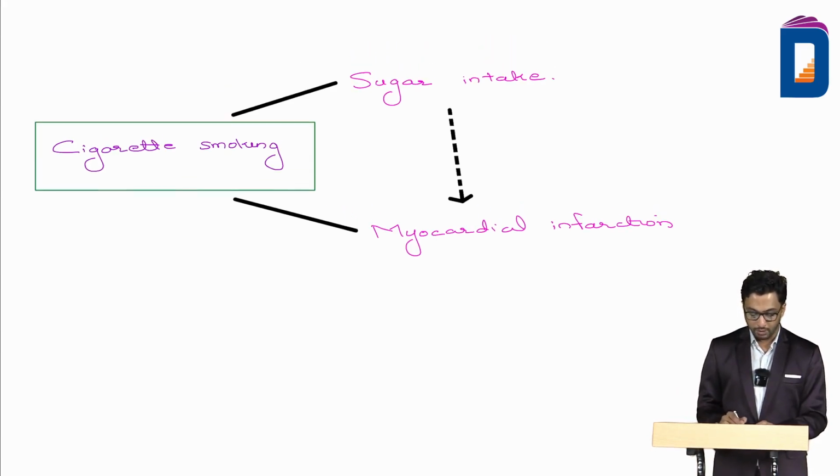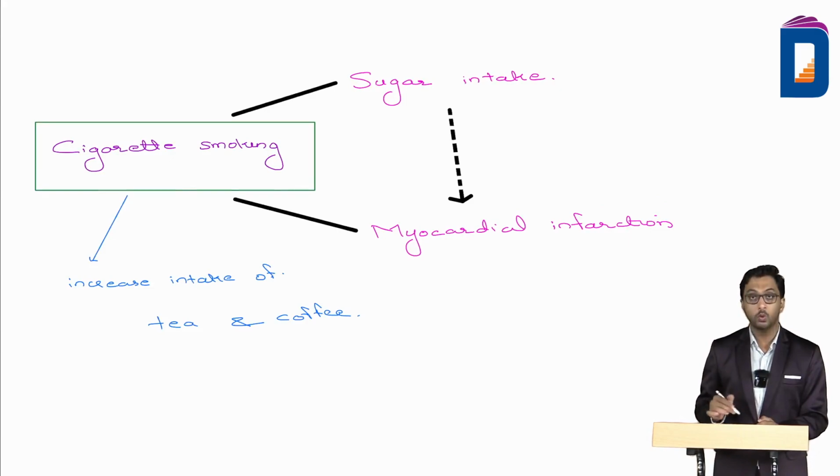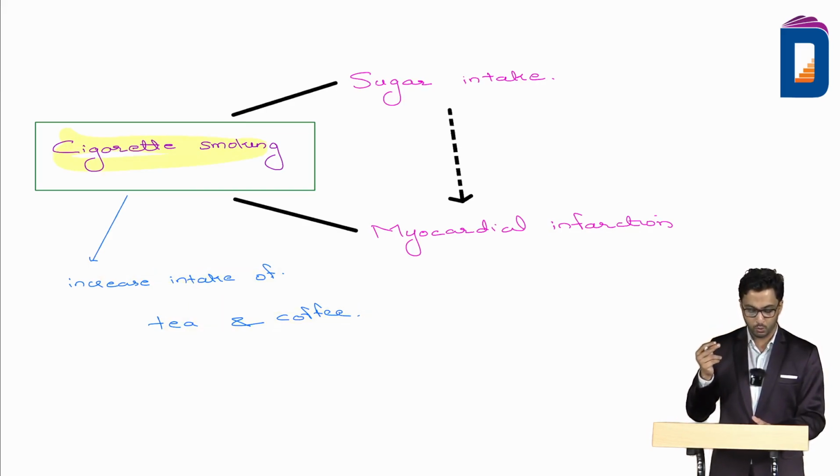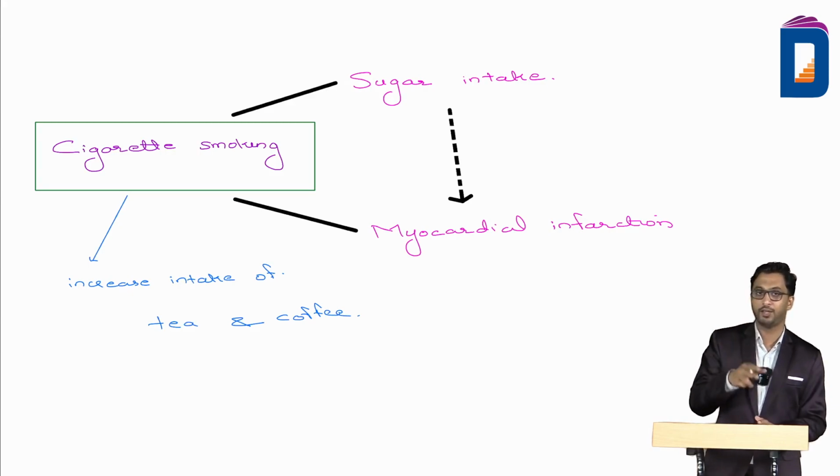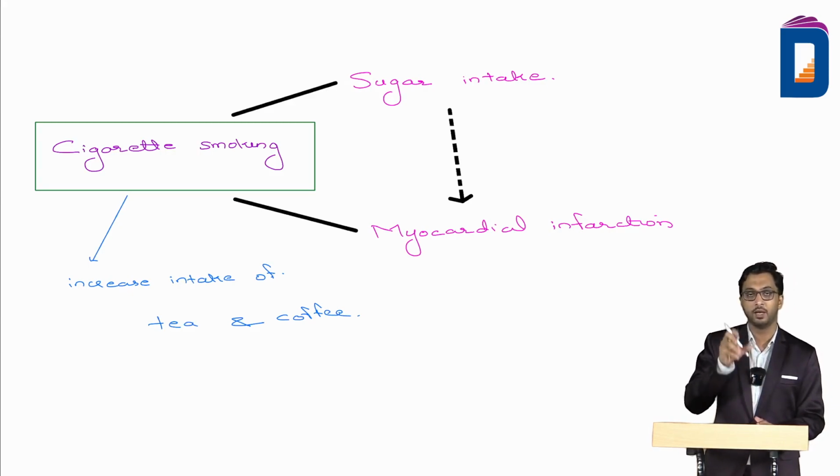The people who smoke cigarettes, you will see that they have increased intake of tea and coffee. Or I would say the people who are more cigarette smokers, that's a better way to explain it. The people who are cigarette smokers usually have cups of tea.